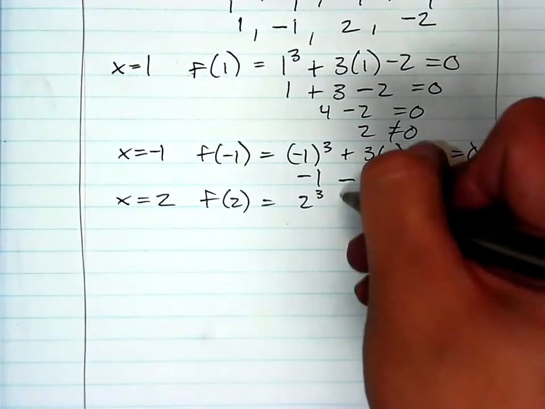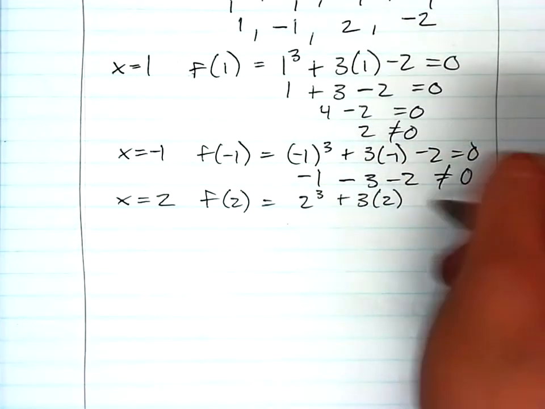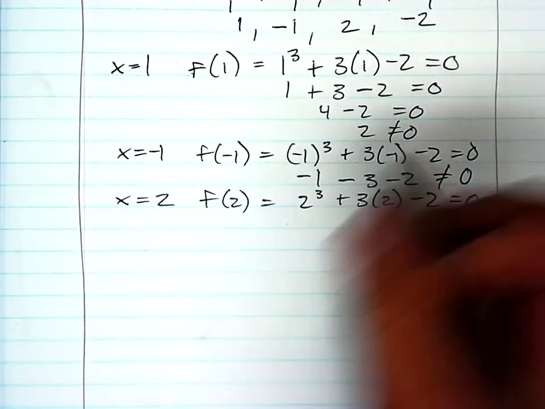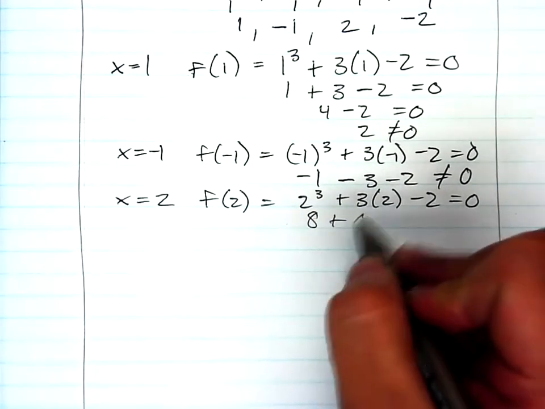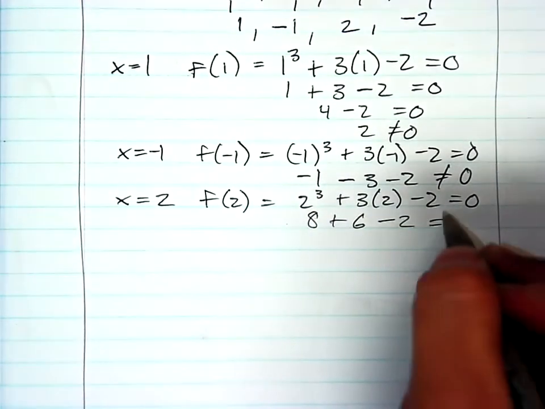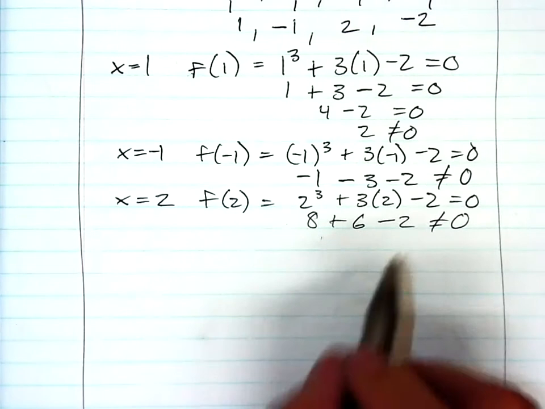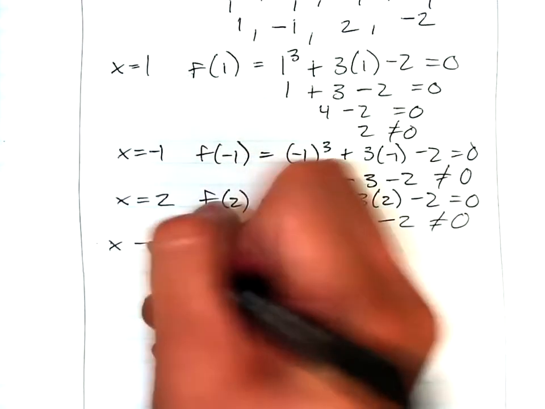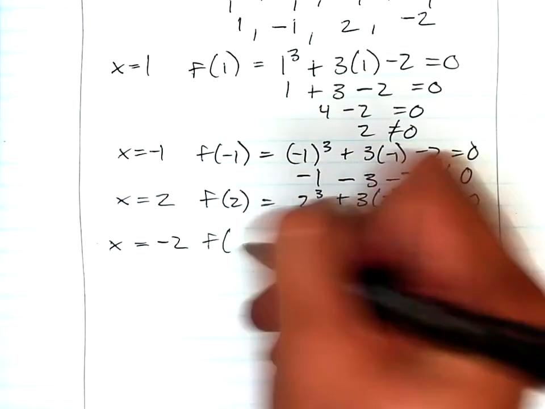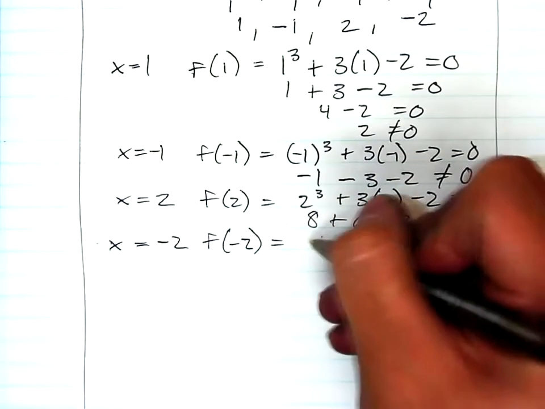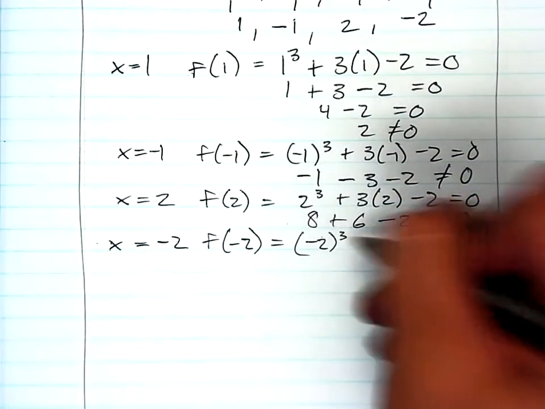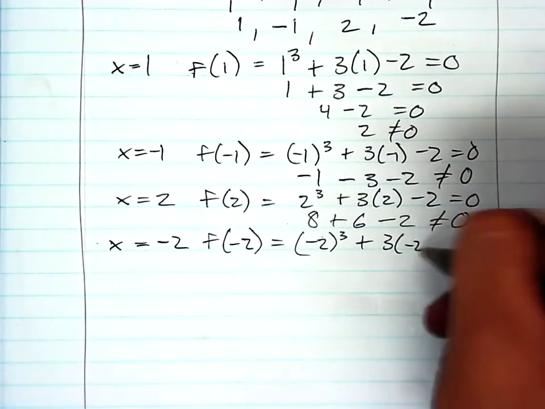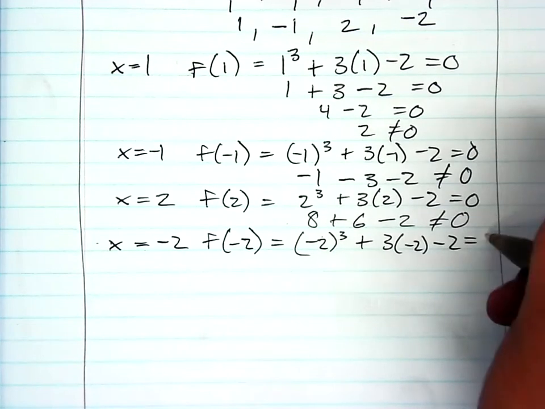F of 2 equals 2 cubed plus 3 times 2 minus 2. That's going to be 8 plus 6 minus 2, and that is also not going to equal 0. 14 minus 2. Finally, the last one we can test. We'll see if this even works. F of -2 equals -2 cubed plus 3 times -2 minus 2.